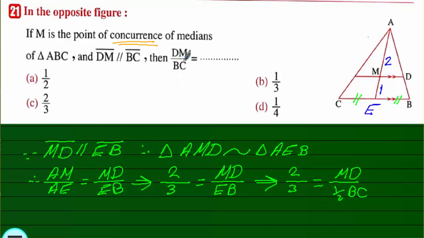The required here is to find DM over BC. So MD over BC equals 2 multiplied by half over 3, which equals 1 over 3, and we will choose letter B.